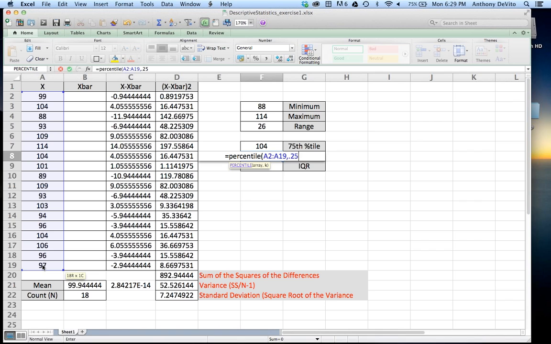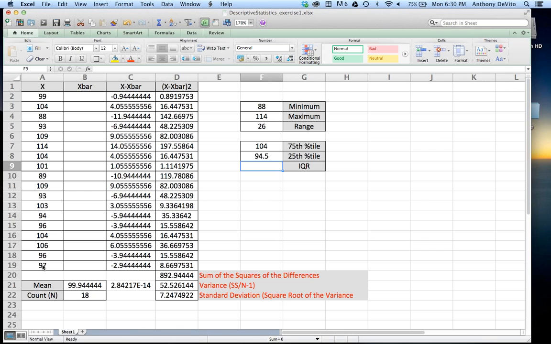And if you don't remember whether it's expressed as a decimal or a whole number or something like that, you can go into the help function, for the help for the function, various functions, and look up a description of how to use the function. I'll show you that in a second. Percentile, I'm going to hit enter, and that's the 25th percentile is 94.5.